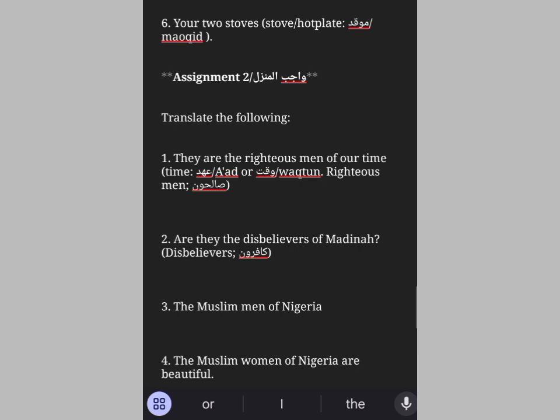Muslimuna is enough to mean Muslim men. The Muslim women of Nigeria are beautiful. For Muslim women, there is no need to put nisa. Muslimat is the plural of Muslima, muslimatun. I think we've learned this, so you have to revise the lesson on plural. This is very important.